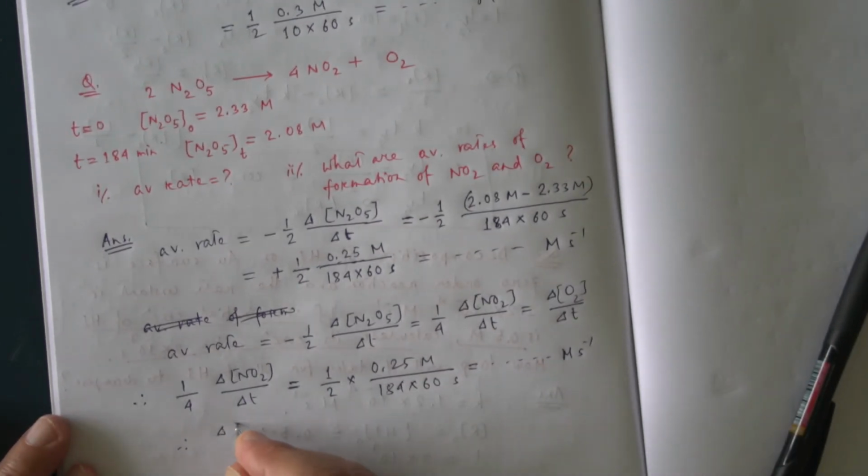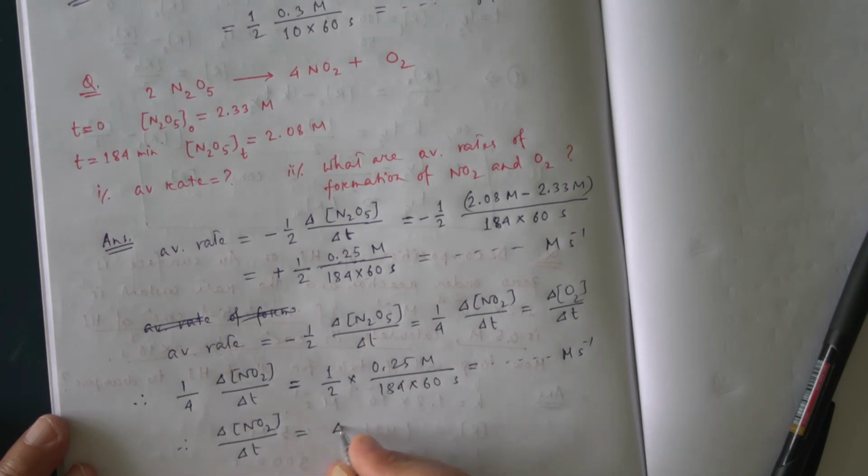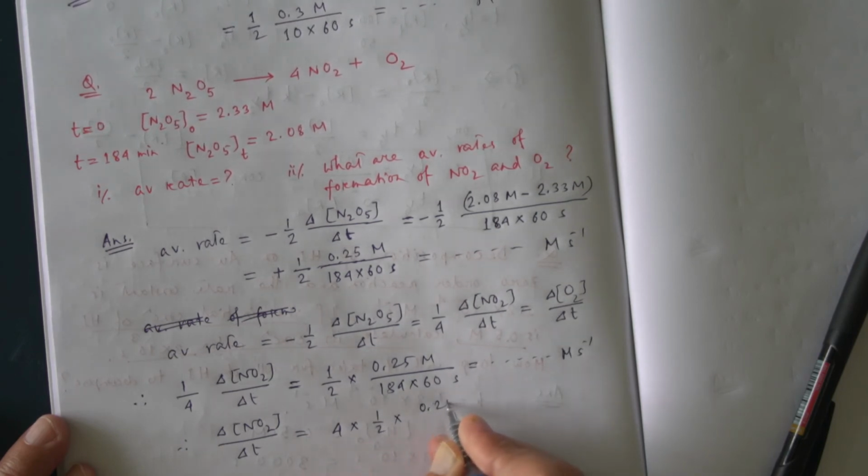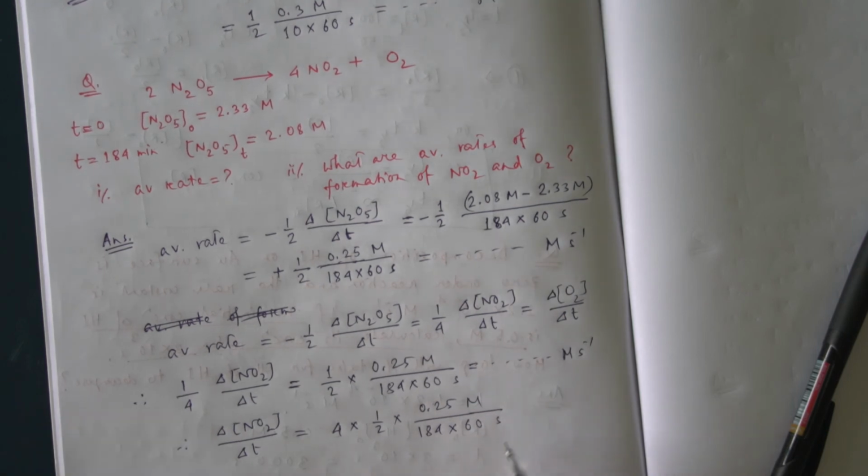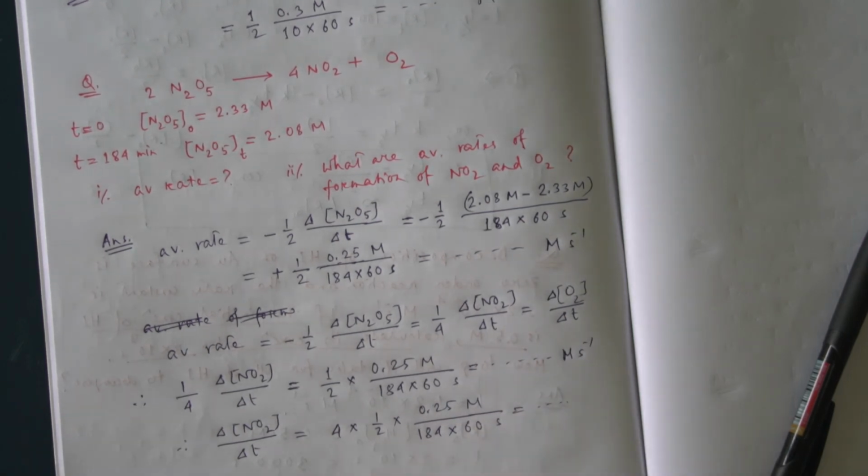Hence del NO2 del t will be equal to 4 into half into 0.25 molar, 184 into 60 second. Okay, just simplify and you will get the answer.